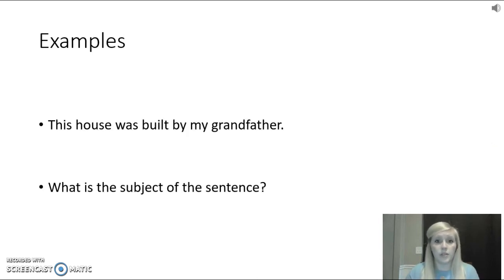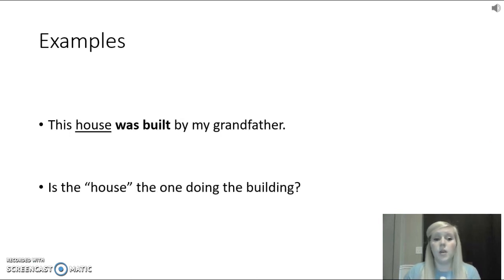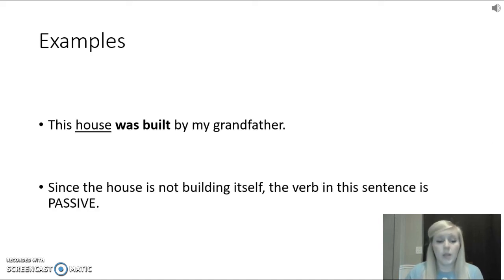Here is another example. The house was built by my grandfather. What's the subject of the sentence? House. What's the verb? Was built. Is the house, the subject of the sentence, the one doing the building? No. Since the house isn't building itself, the verb in this sentence is passive.